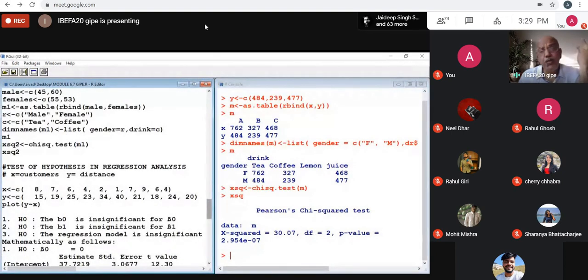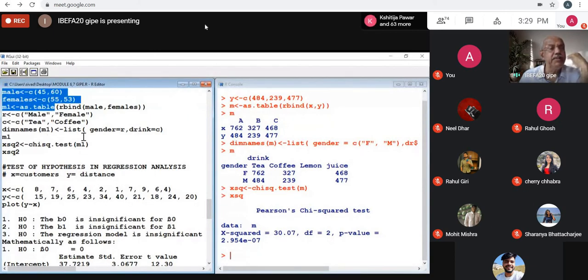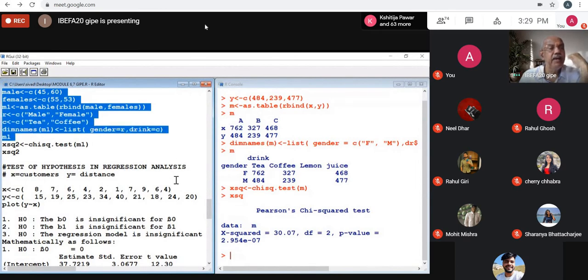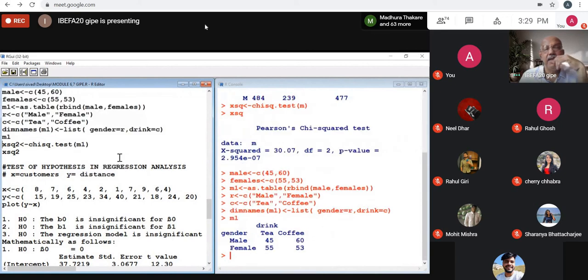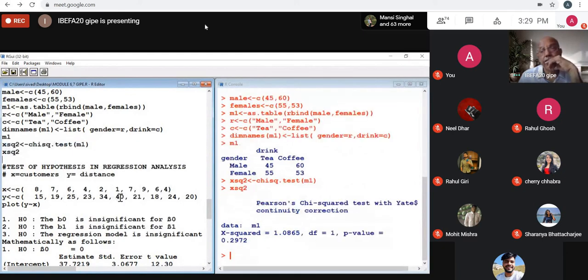If it is a 2 by 2 chi-square, we still do it on the same line. Male customers and female customers, a 2 by 2 table with row and column dimensions. Apply chi-square. What is the conclusion?